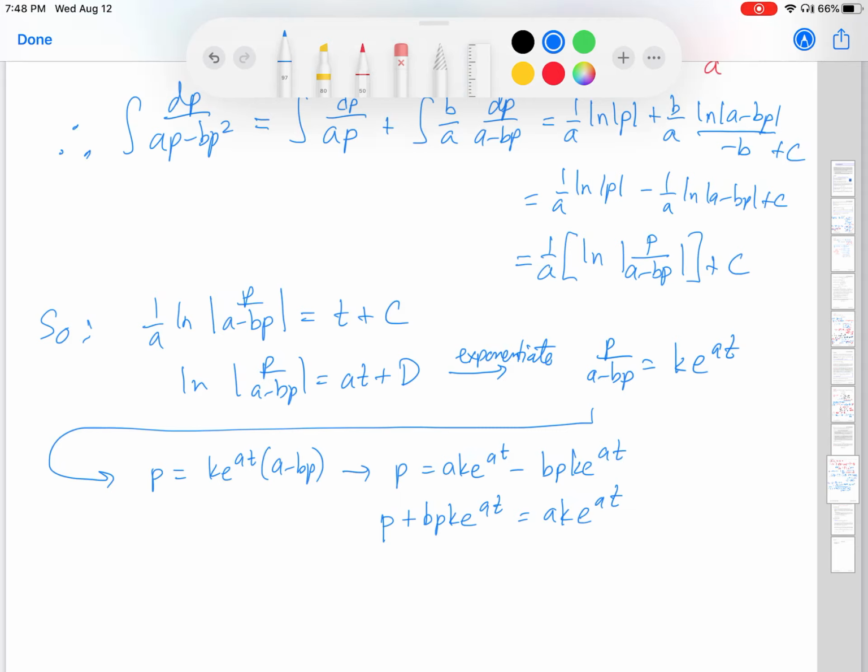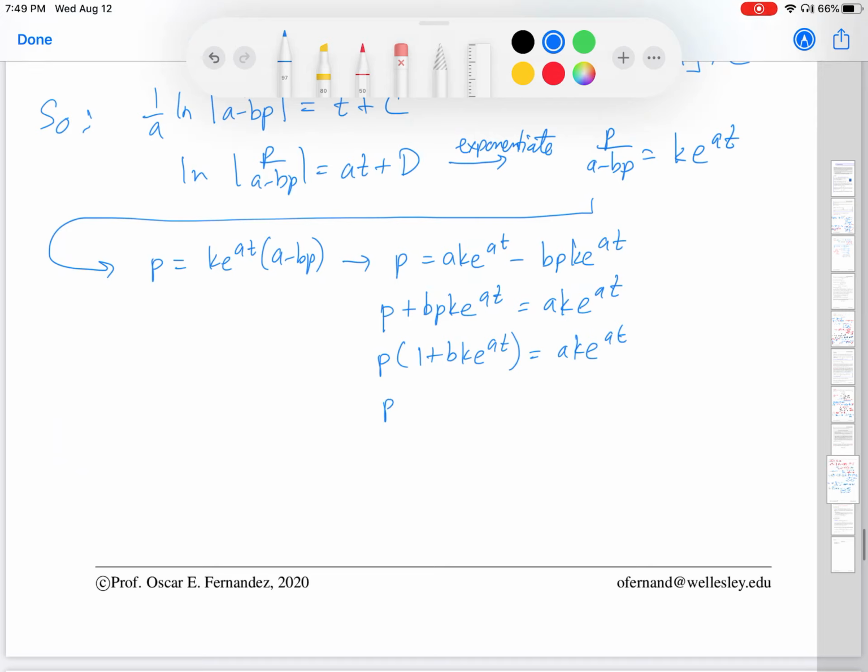And then I will factor the p, and then we will divide by this term, 1 plus bk e to the at. Great, and this is of course p of t. So we've gotten to a solution.